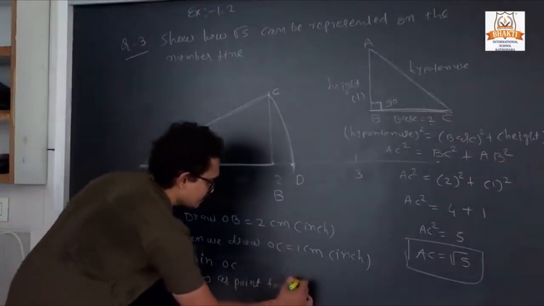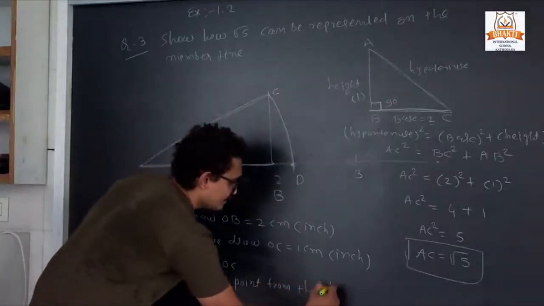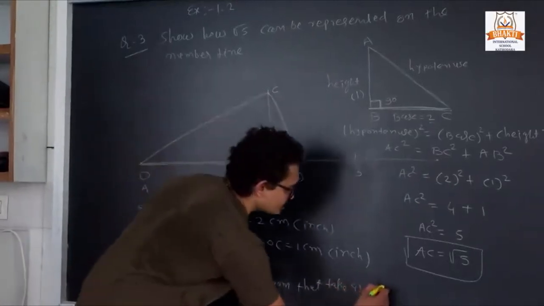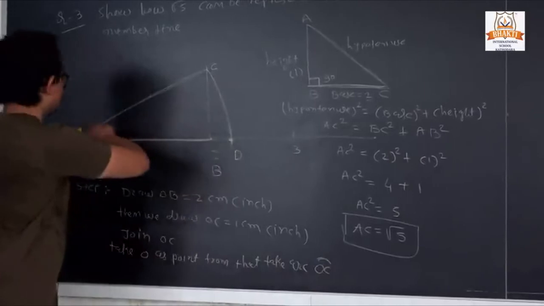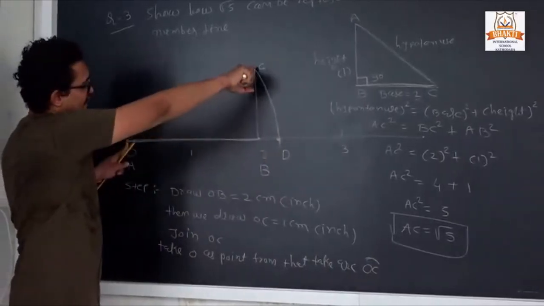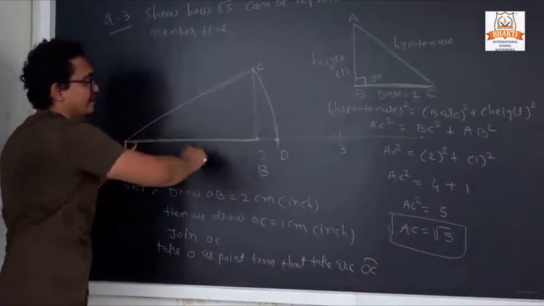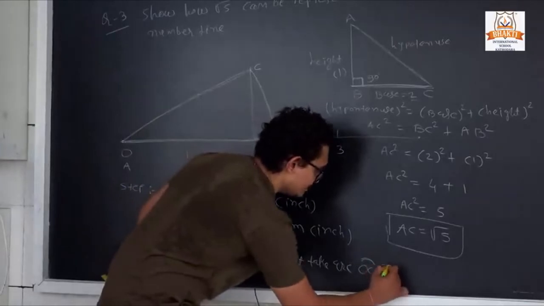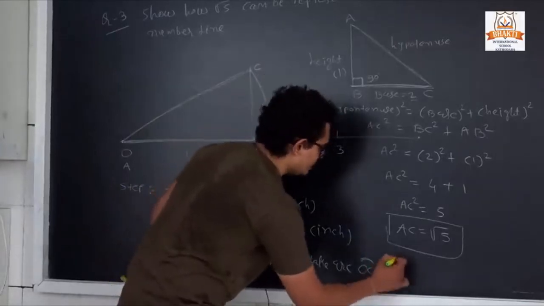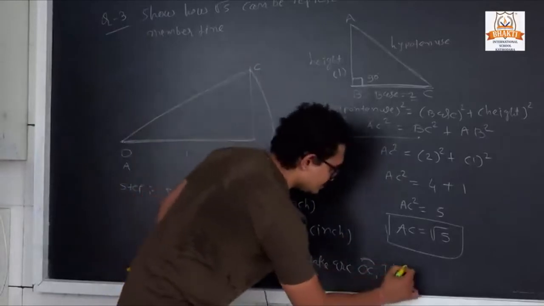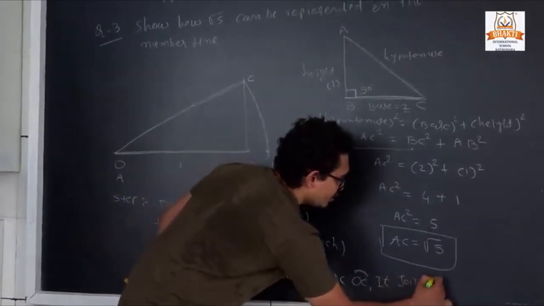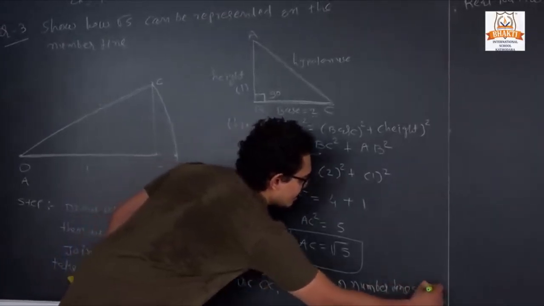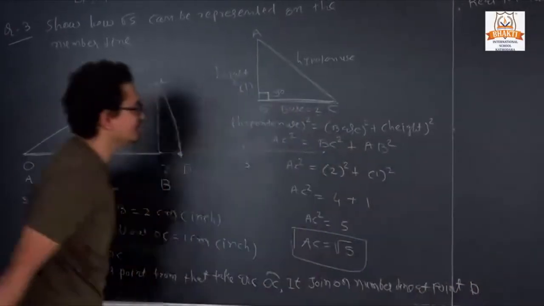From that point take arc OC. We can take the arc OC, and then that arc intersects our number line at point D.